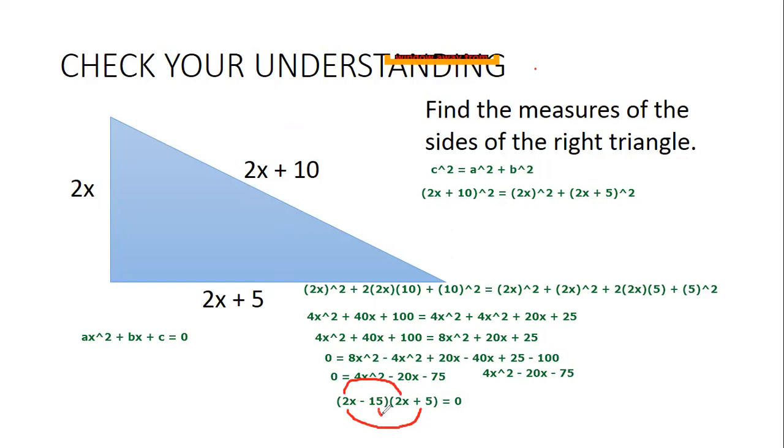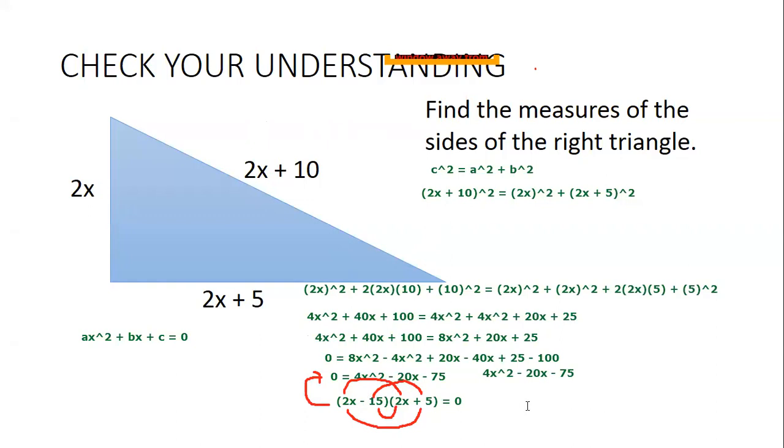Negative 15 multiplied by positive 2x is negative 30x. Negative 15 multiplied by positive 5 is negative 75. Of course, this matches the equation. Which means that we have our factors now: 2x minus 15 and 2x plus 5.